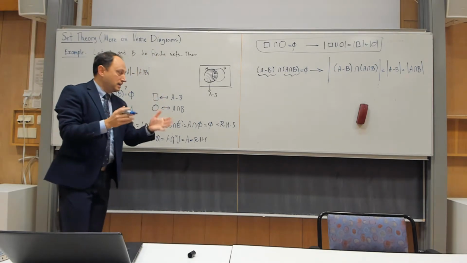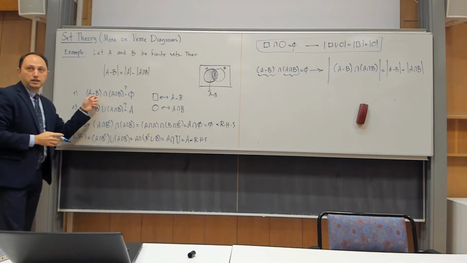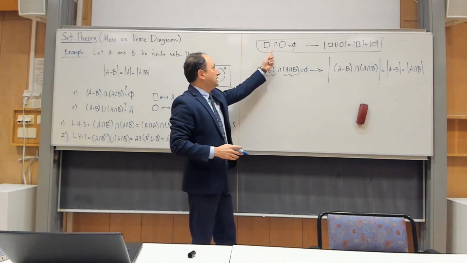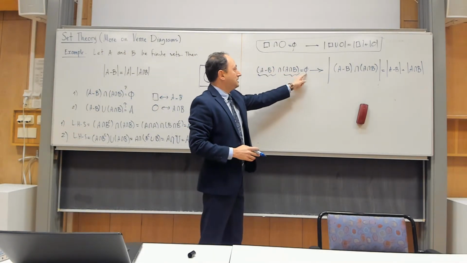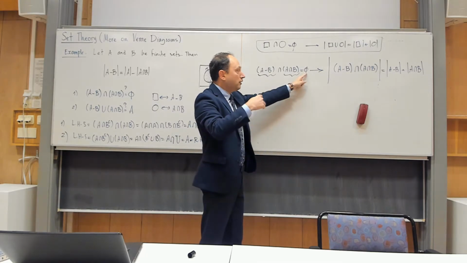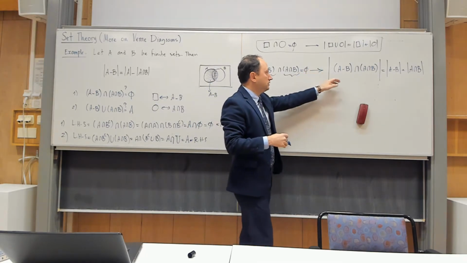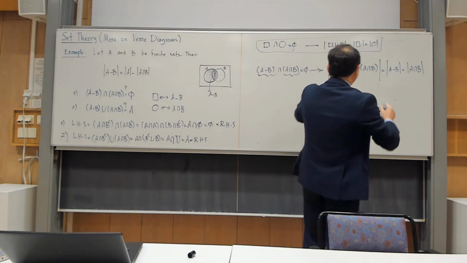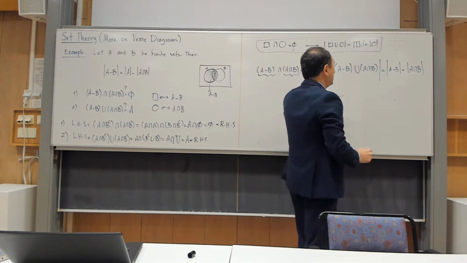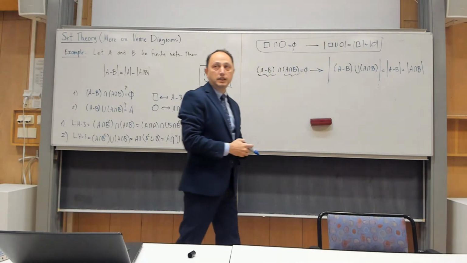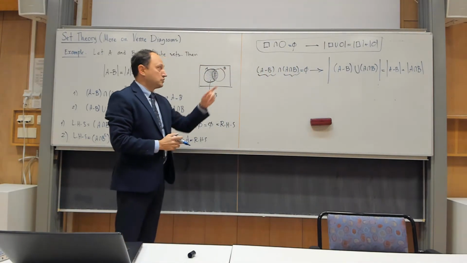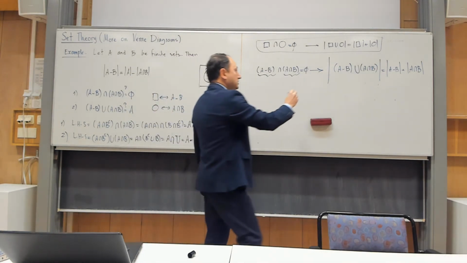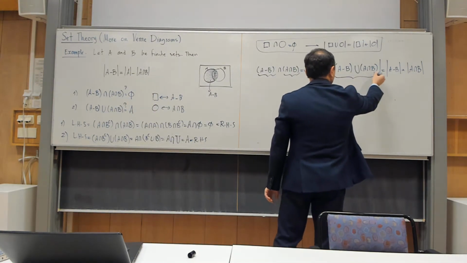You should say yes, because we have the confirmation here. Because this set intersected with this set is the empty set, I can conclude that the cardinality of the union is this one. That was my mistake. But now I ask you, what can I write instead of this now?